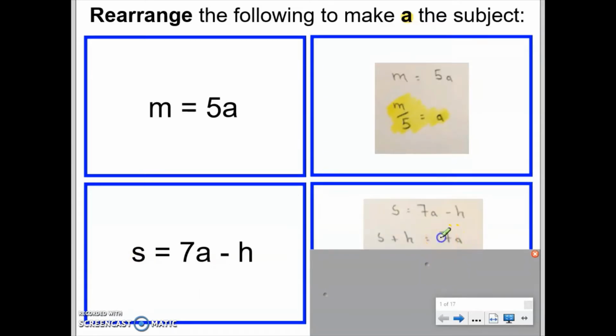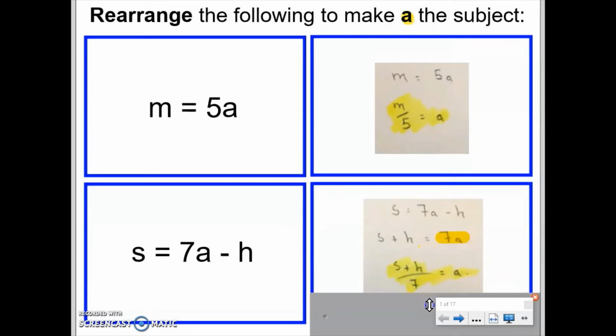But at this point, I've still got 7 a's, and that's not what I want. I want a single a by itself. So I'm going to divide both sides by 7. When I divide both sides by 7, I'm now left with a single a, so I've correctly made a the subject.